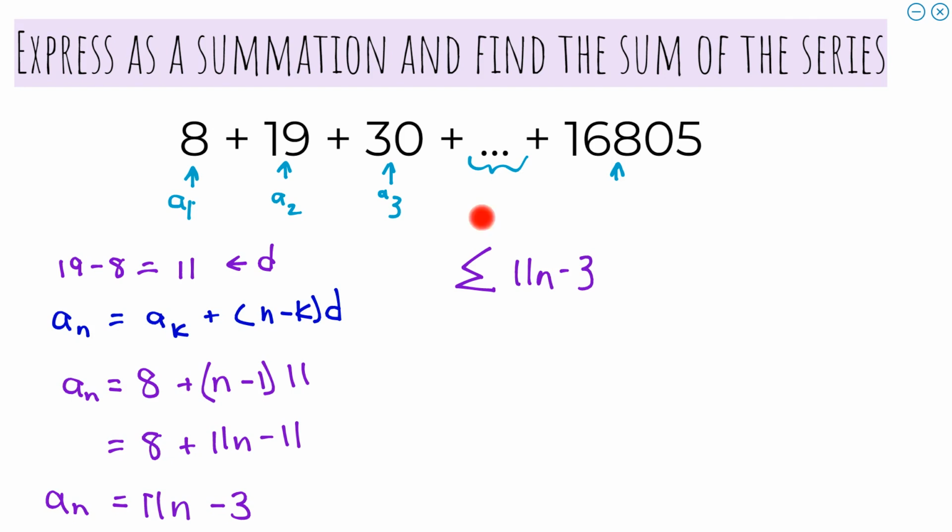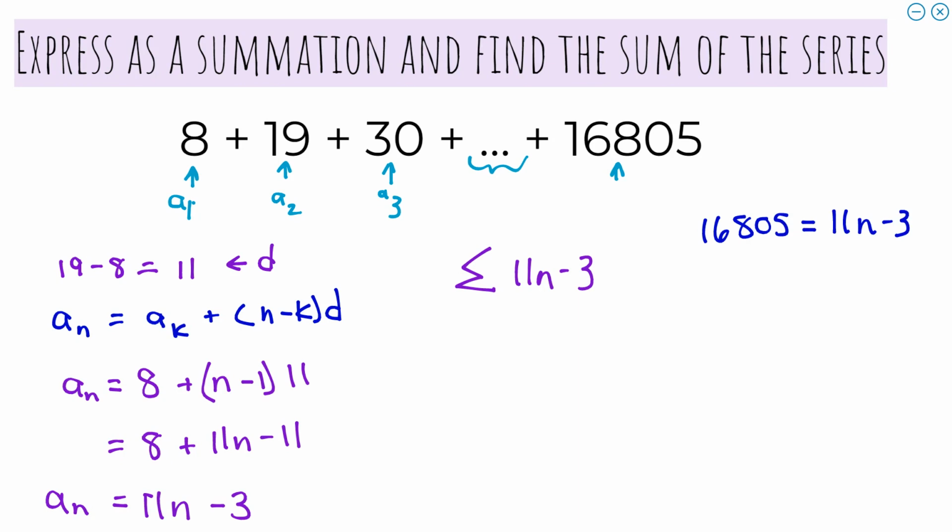We just don't know where we're going yet. We don't know how many we have. So the way we're going to do that is we're actually going to take our rule, set it equal to the last term, and figure out what our n is. So I'm going to take my 16,805 and set that equal to my 11n minus 3 so we can figure that out.